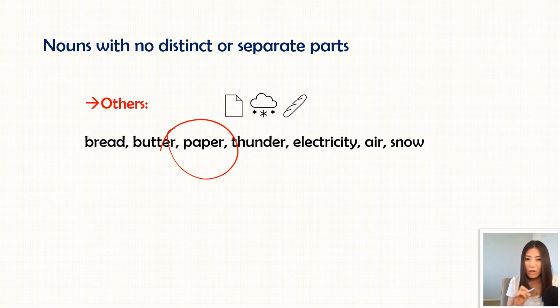But all materials like paper, wood, plastic, glass, gold, silver, all materials are considered non-count nouns. And in our next video, we'll talk about how to quantify or count these uncountable nouns. So please stay tuned for next week's video as well.